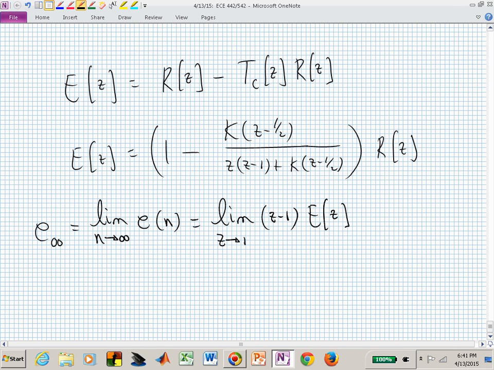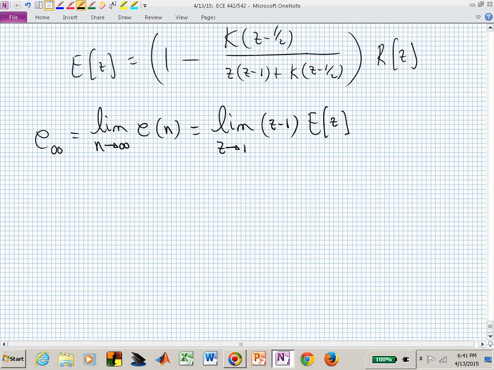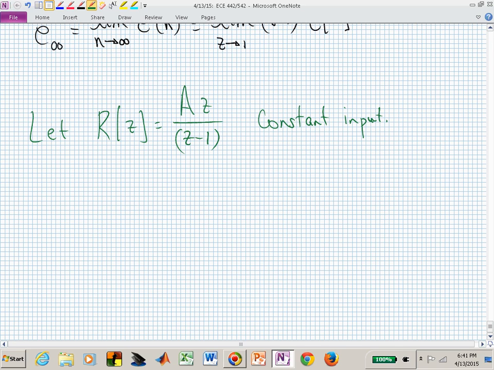Just like in the analog setting, or in the Laplace case, it was s times E of s, where you were looking at the limit as s goes to 0 for the final value theorem. Suppose we let our reference input not just be unit step, but a constant a. That's now what r is when it's a constant input, with R of z now the transform of a constant a.